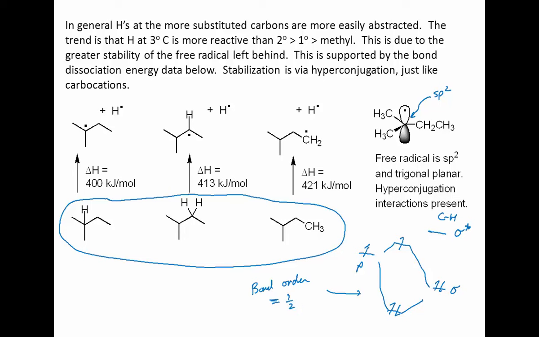Recall that when we had a carbocation, there was no electron here, and thus there was no electron here, and the bond order was 1. So you don't get as much stabilization from hyperconjugation as you do in a carbocation, but you do get some, and this accounts for why a tertiary free radical is more stable than primary.